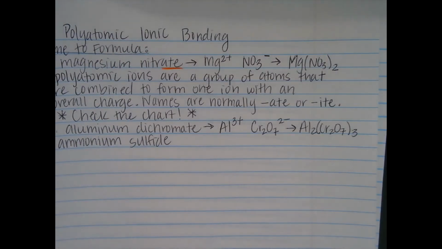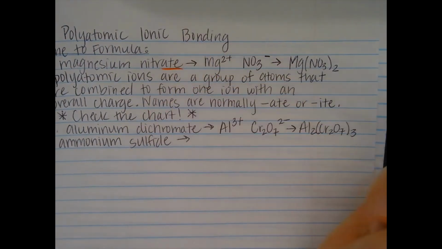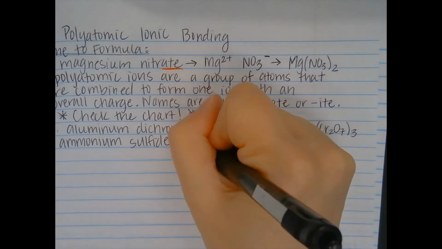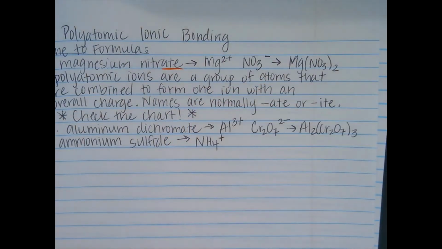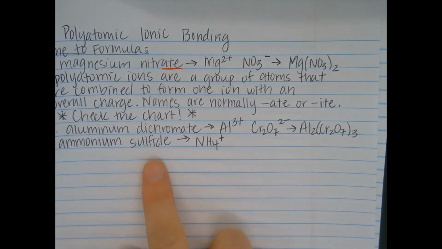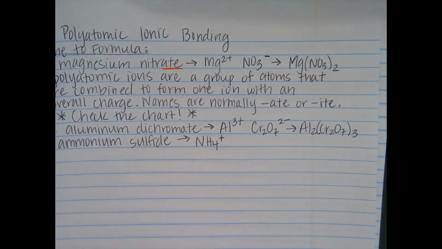So if I'm writing out my crisscrossing, I would have NH4 with a +1 charge. Sulfide. Okay, that sounds familiar. Well, the "ide" is a clue, but if we weren't sure, we could look on the ion chart I gave you.